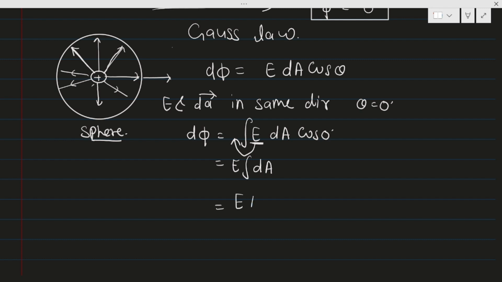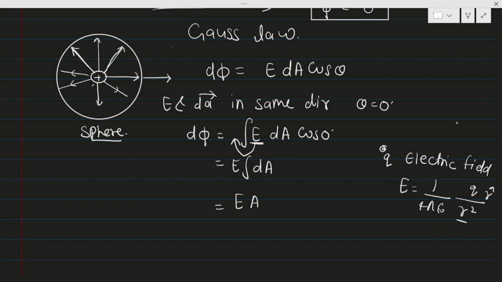So it is EA, and the electric field for the point charge Q can be written as E is 1 upon 4 pi epsilon naught, Q over R square, R cap.